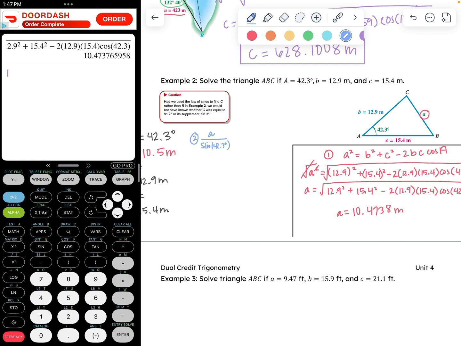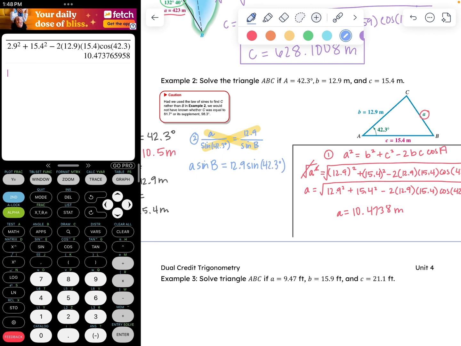And from here, like I said, we're going to try and find angle B. So I'm going to do 12.9 over the sine of B. I need to cross multiply. So I'm going to have A times the sine of angle B is equal to 12.9 times the sine of 42.3 degrees.